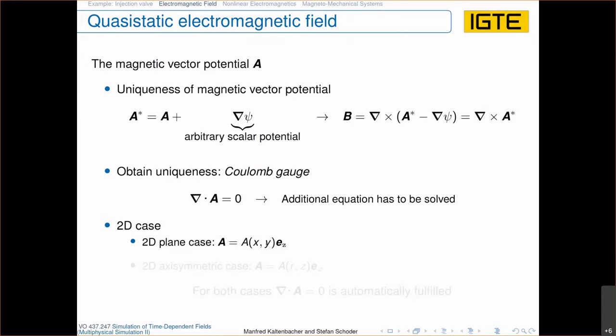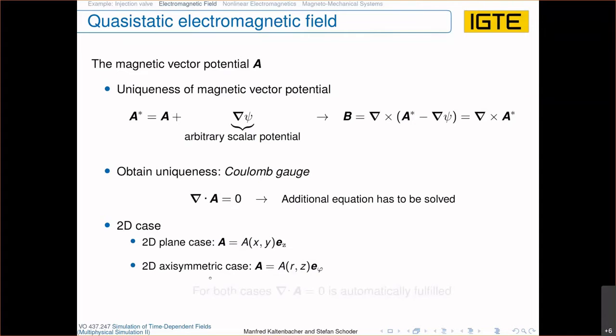And the same holds true for the axisymmetric case. In the axisymmetric case, we just have one component of the magnetic vector potential being different from 0, and this component is the phi component. So A is a function of r and z, and the direction is exactly in circumferential direction.